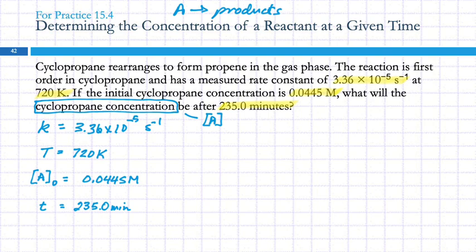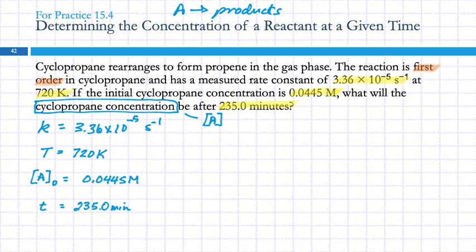Now, the other thing that is helpful here is they tell us that this is first order. So now we can write the rate law, but the rate law itself isn't going to help us very much. What we want is the integrated rate law, because that allows us to look at the two different time points.